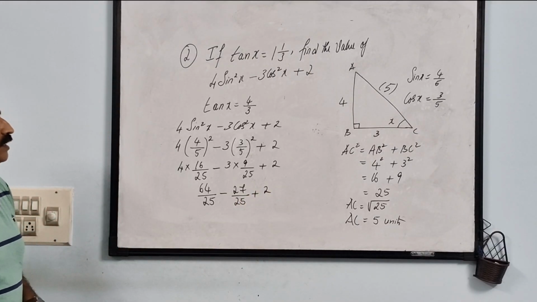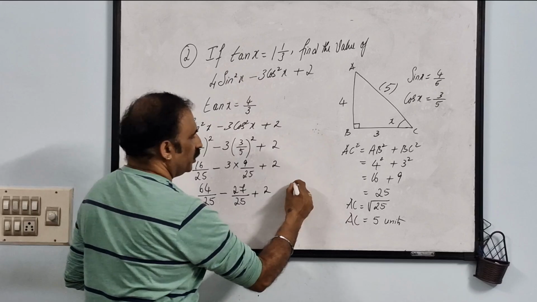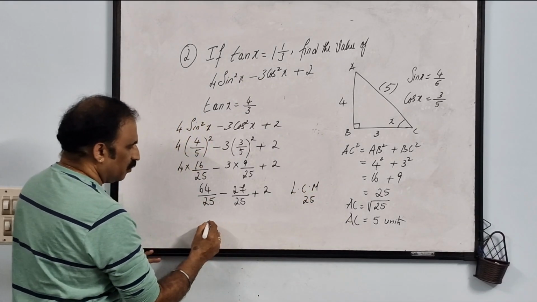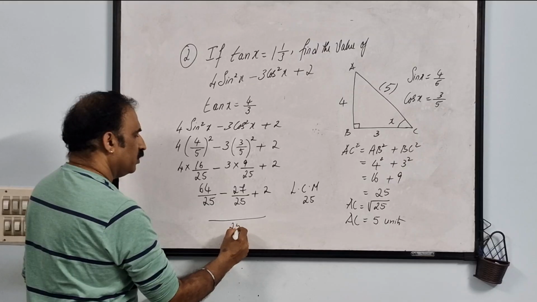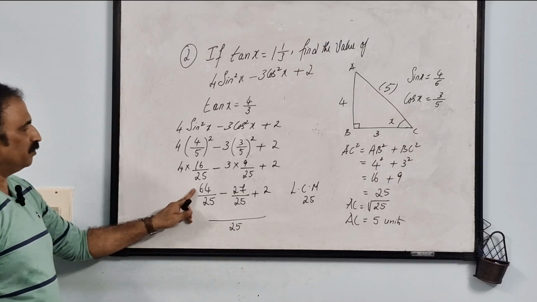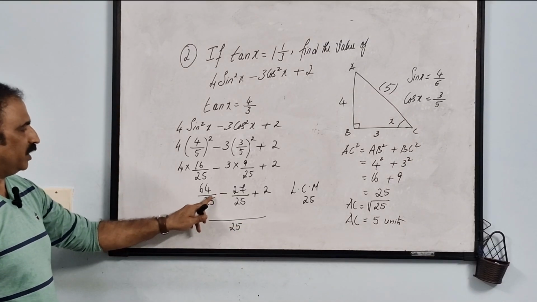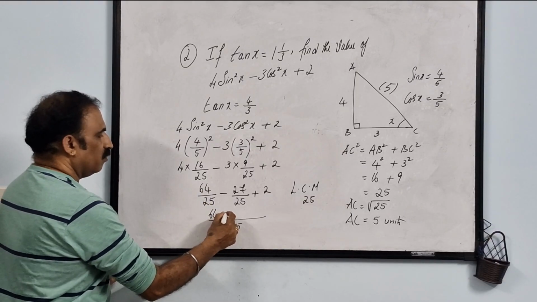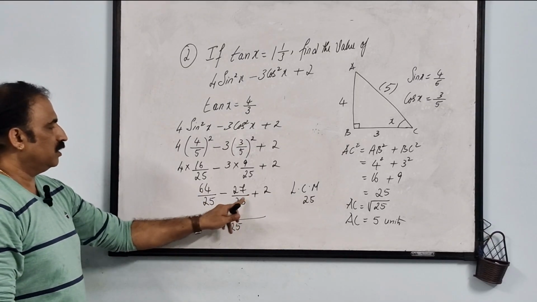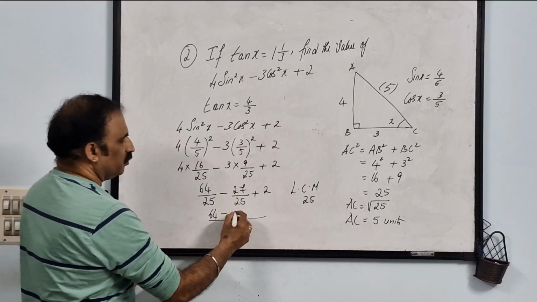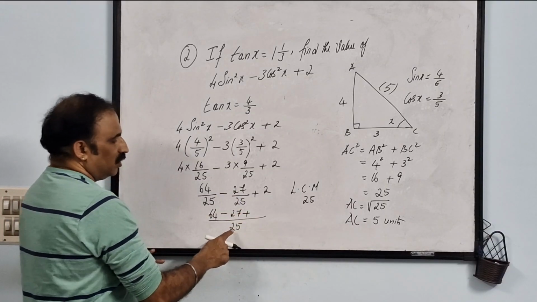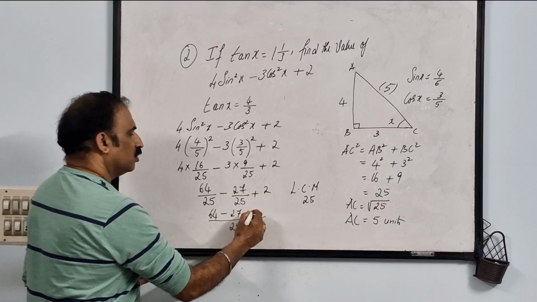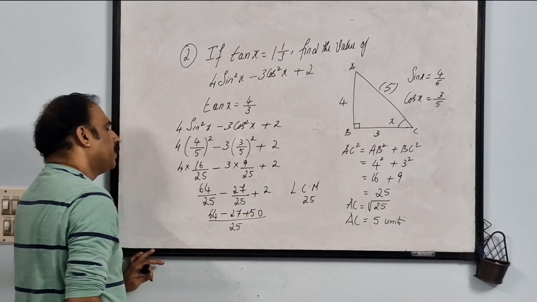Now throughout, the LCM is going to be 25. So the LCM is to be written in the denominator and you multiply it to each term. When I multiply 64 by 25 into 25, the 25 gets cancelled, leaving 64 minus 27, where the 25 also gets cancelled. For 2, there is no denominator, so 25 into 2 is equal to 50.